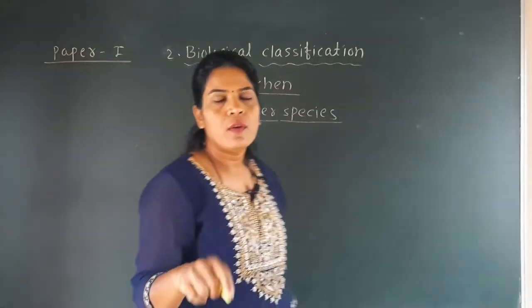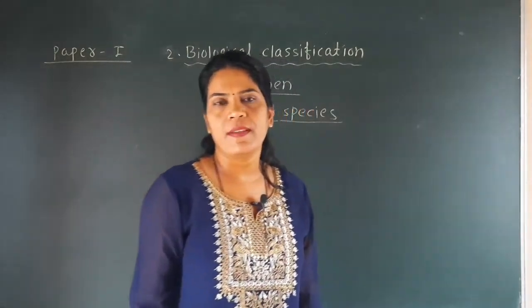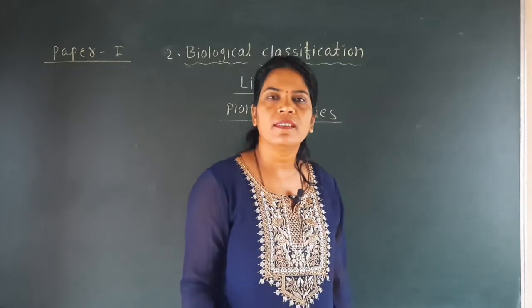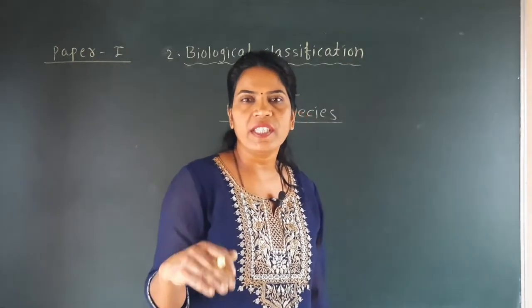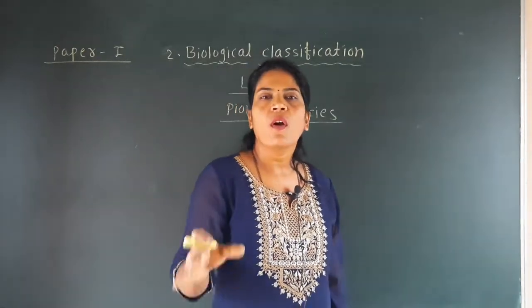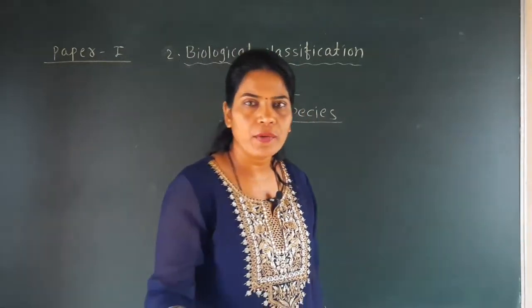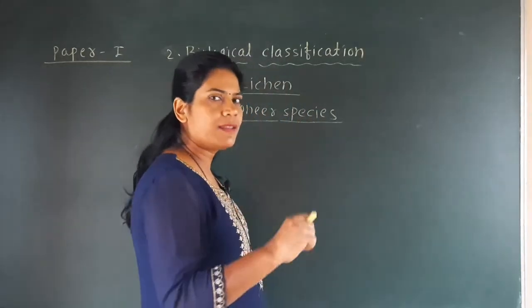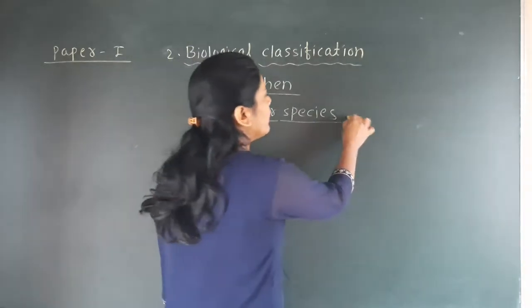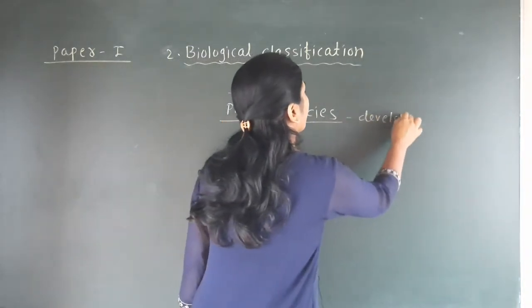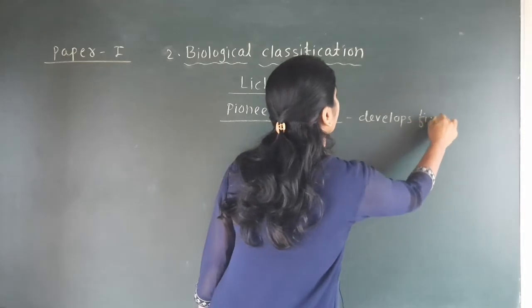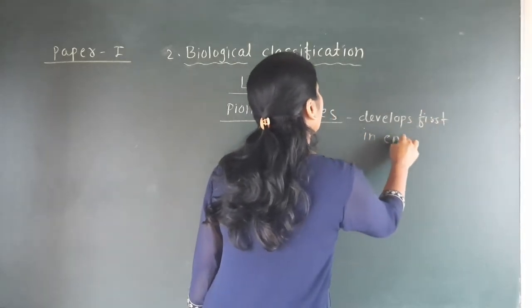What is meant by pioneer species? Pioneer species means that species which develops first in that environment. So pioneer species means the species or the organism which develops first in an environment.